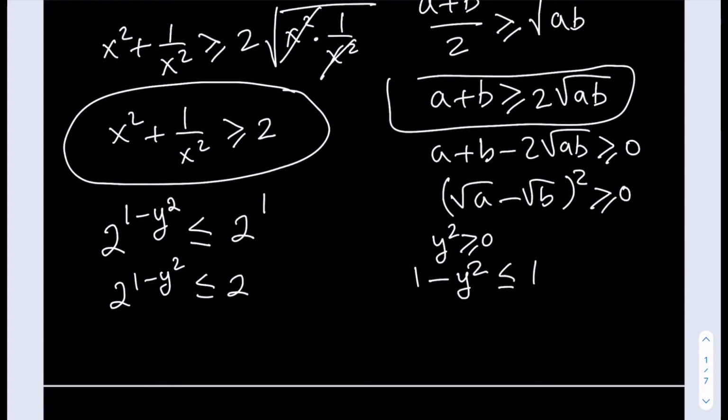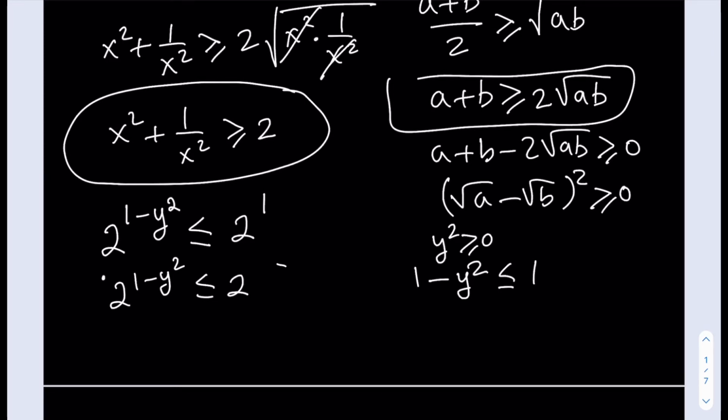Let's say it's like 0.5. 2 to the power 0.5 is the square root of 2, which is about 1.4. So that's definitely going to be less than 2. If you think about the extreme case where y squared is 0, then the right-hand side is going to be 2, which is less than or equal to 2 again. So the maximum this can be is 2. This expression can be 2 at a maximum.